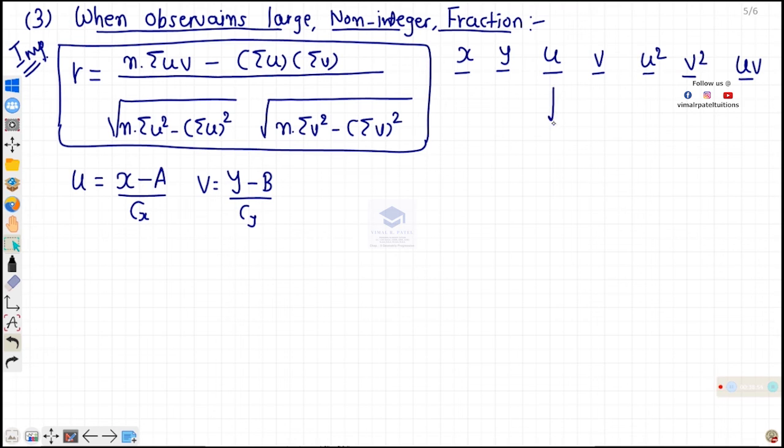Get the total of each: sigma u, sigma v, sigma u square, sigma v square, sigma uv.